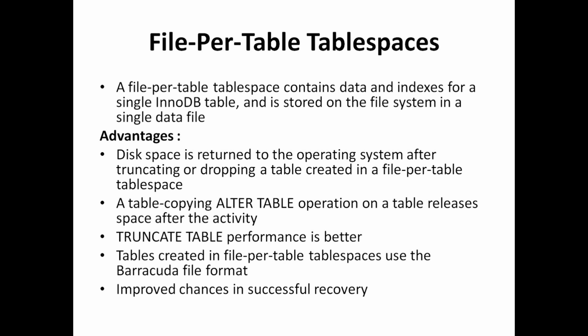Some of the advantages of this are that disk space is returned to the operating system after truncating or dropping a table created in a file per table tablespace. Truncating or dropping a table stored in the system tablespace creates free space within the system tablespace, which can only be used for InnoDB. In other words, this system tablespace does not shrink in size after a table is truncated or dropped.